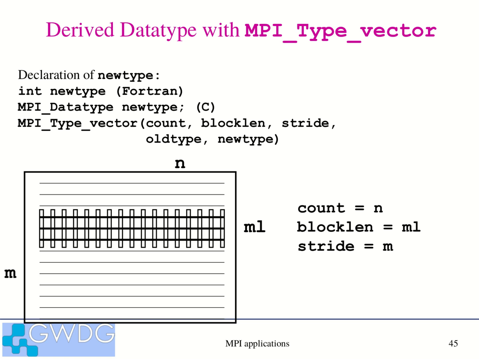You give the old type of the matrix elements, which would be double precision in our case, and for the new type you give a name you want. This would be just an integer in Fortran.